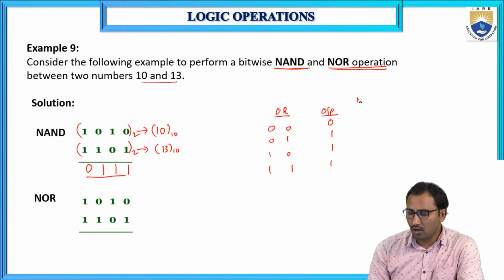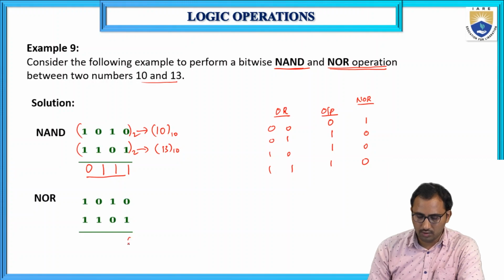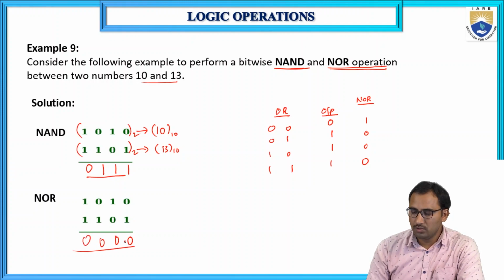The NOR operation is the complement of that: 1, 0, 0, 0. That means if any input is logic high, the output will be 0. The output will be 1 only if all inputs are zeros. This is how we perform the NAND and NOR operations.